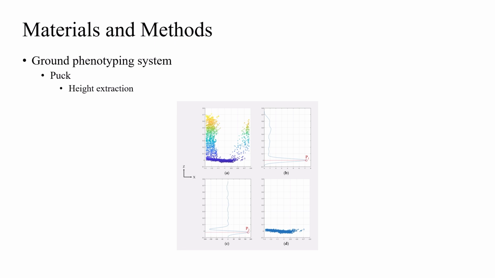The first peak in the first derivative curve, P2, represented the inflection point of the distribution, and the standard deviation of the distribution was subsequently calculated as P1 minus P2. Finally, the threshold of mean plus 2 times standard deviation was used to separate ground points from non-ground points, which should contain more than 95% of the ground points.